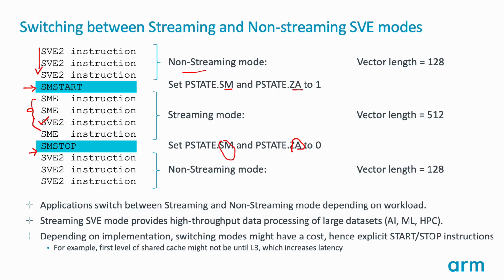Otherwise, every time reading the memory, bringing the data into the registers, performing the data processing, and then storing the result back into the memory, that particular task will demand high bandwidth. That can be avoided because we have a huge ZA storage, which is a two-dimensional array of data. And since we'll be storing the data there in the ZA storage, there is no need to every time read from the memory and store back to the memory.